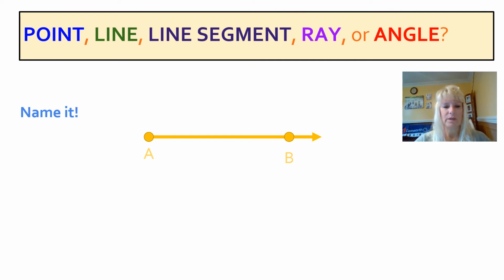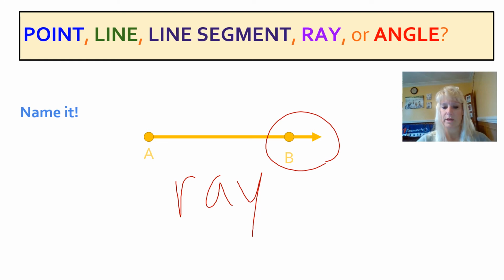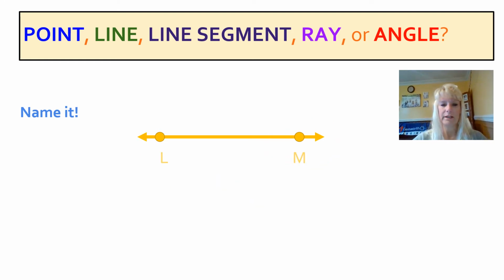All right, so we're going to practice identifying some of these. Let's see. We have name it. Is this a point, a line segment, a ray, or an angle? You decide, and then I'll tell you in just a minute. Okay, how many of you guessed that this was a ray? This is your clue, because it's going in one direction. Name it. Is this a point, a line segment, a ray, or an angle?